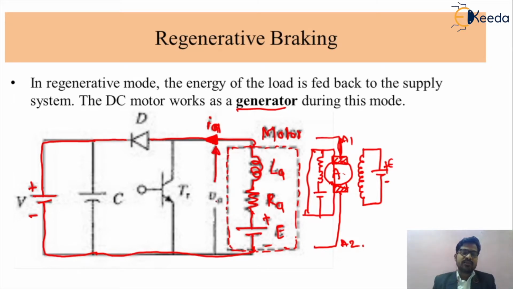This is called VA, and VA is the output voltage available across your separately excited motor. Friends, in that regenerative braking technique, we are using a chopper. This is the symbol of your chopper. As we know, for the chopper control circuit in connection with a DC drive, we use a self-commutated device.